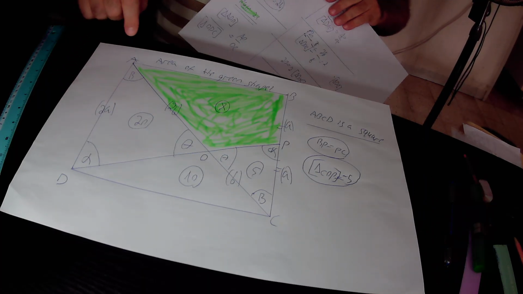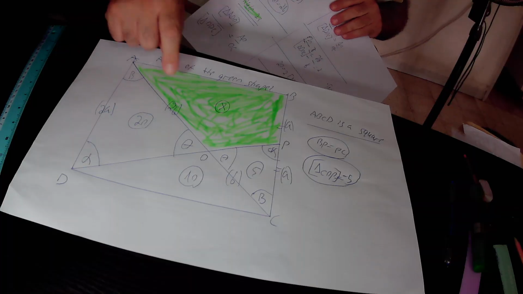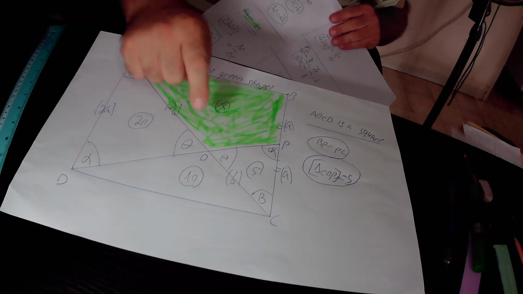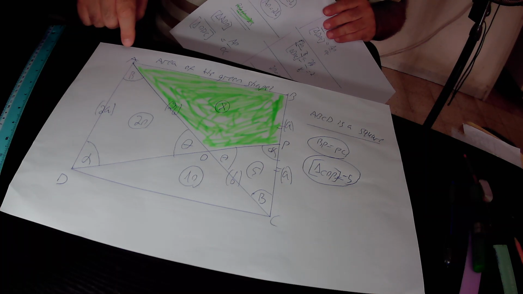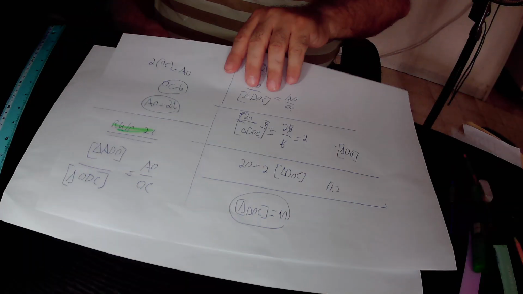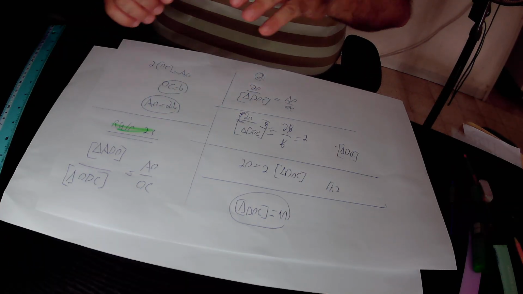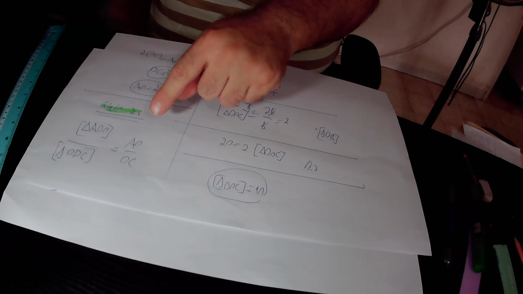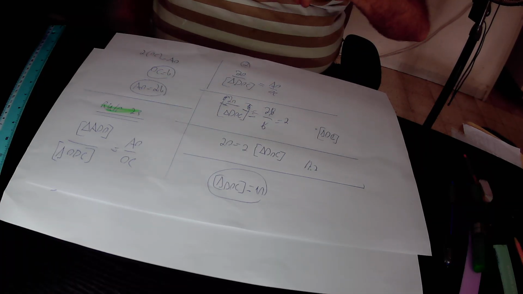The base of triangle AOD is AO, and the base of triangle DOC is OC. So the ratio of their corresponding bases is of course AO over OC.